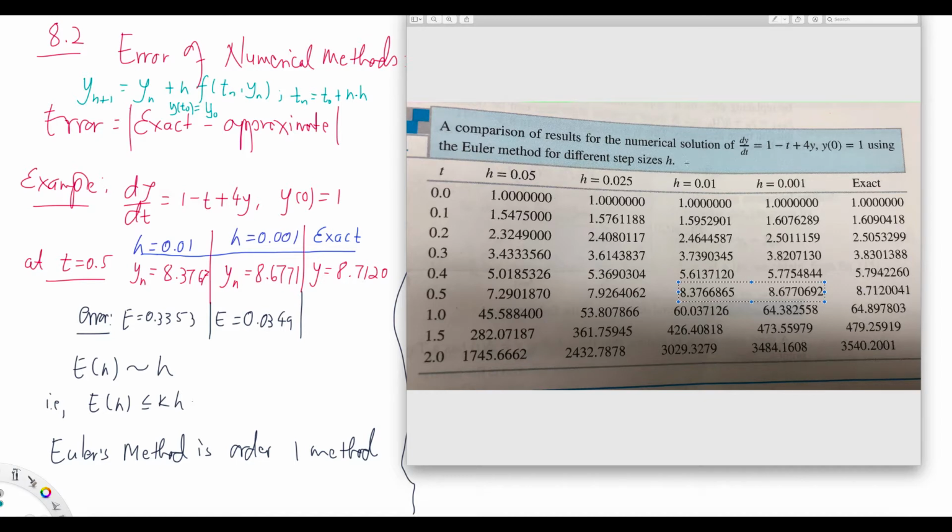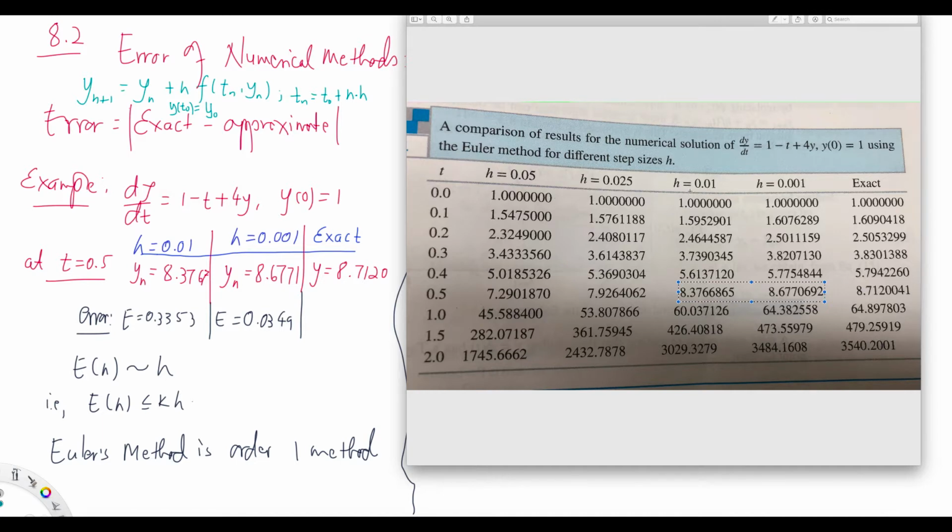When we decrease the step size by a factor of 10, by what factor does the error decrease? Let us find the error first. What is the error when h is 0.01 and at t equals 0.5? The error is basically the exact value minus the approximate value. Error is 0.3353, because I did this minus that value.